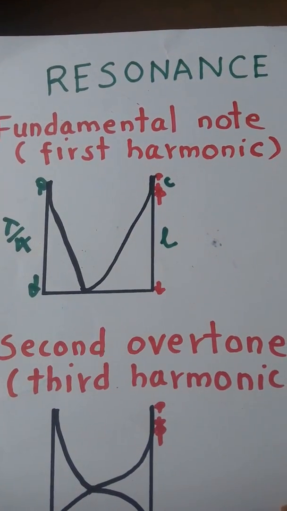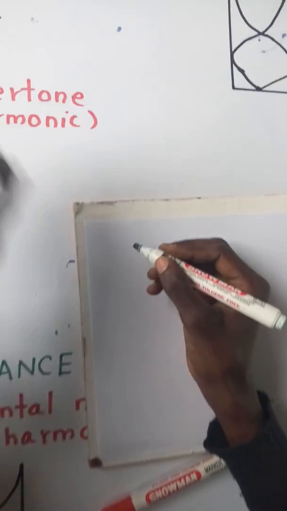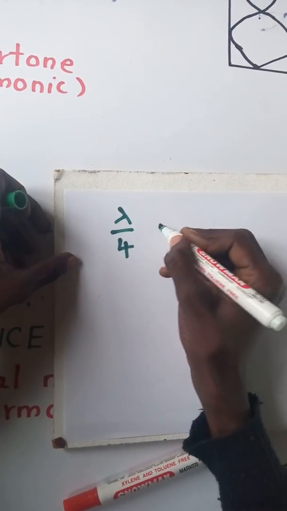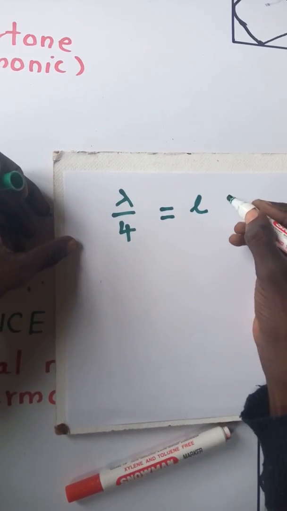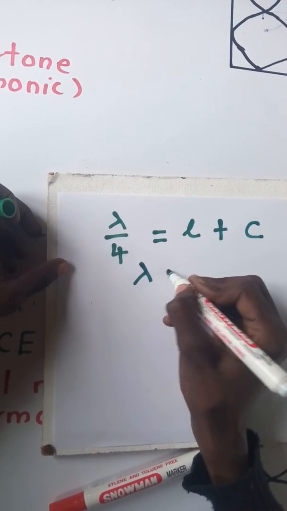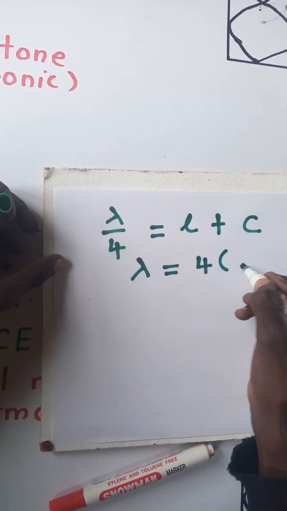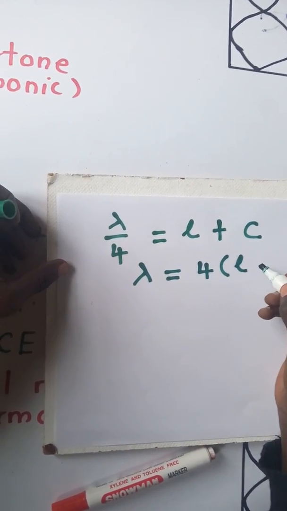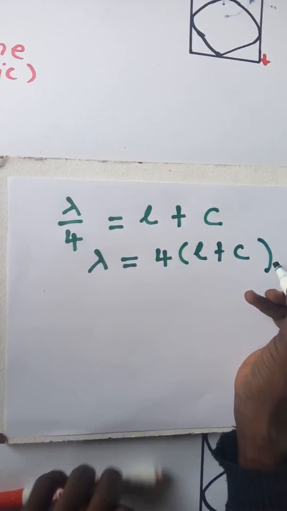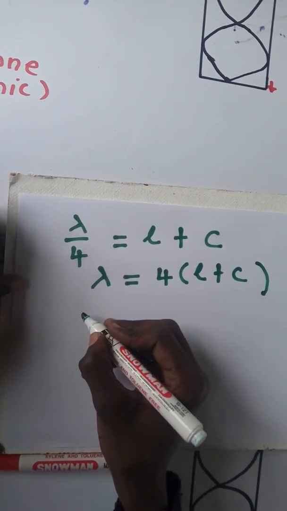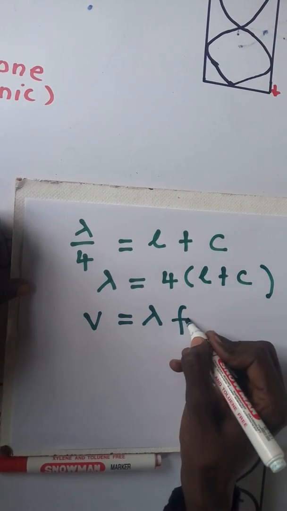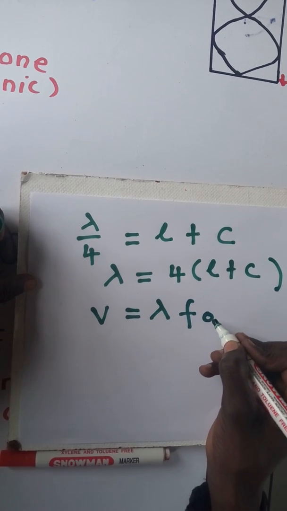Therefore, for the fundamental note or first harmonic, a quarter wavelength is equal to the length of the closed pipe plus end correction. So wavelength is equal to 4 times (length of the closed pipe plus end correction). From the definition of velocity, velocity is equal to wavelength times frequency, but this is the fundamental frequency.